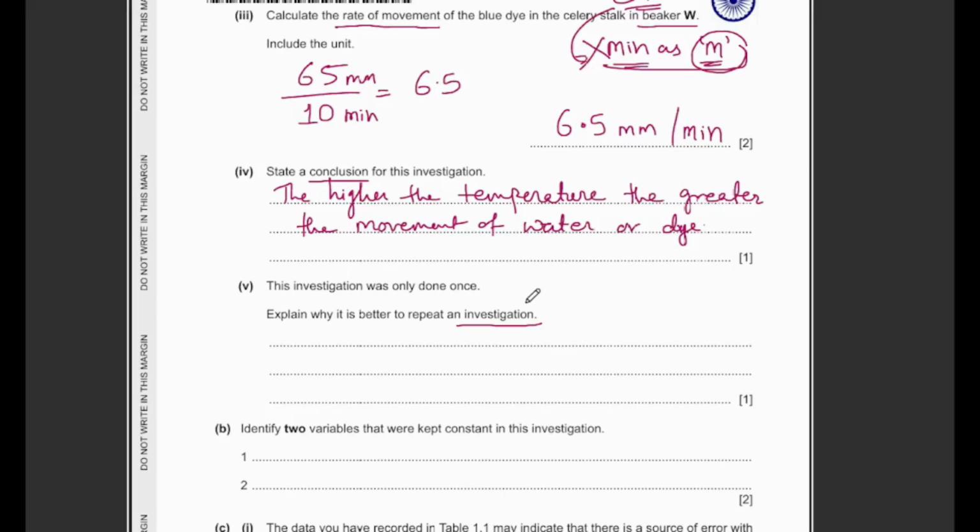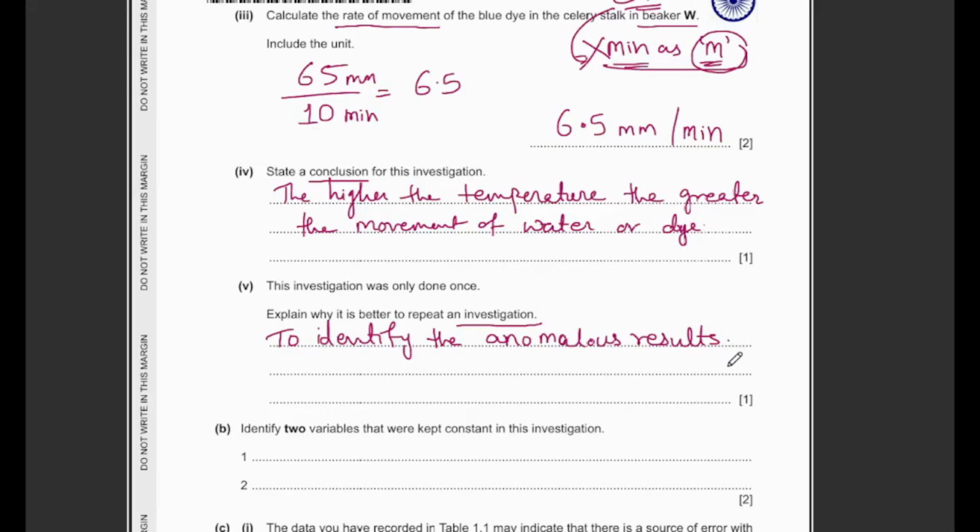To identify the anomalies, anomalous results. To identify the anomalous results, we need to repeat the experiment.